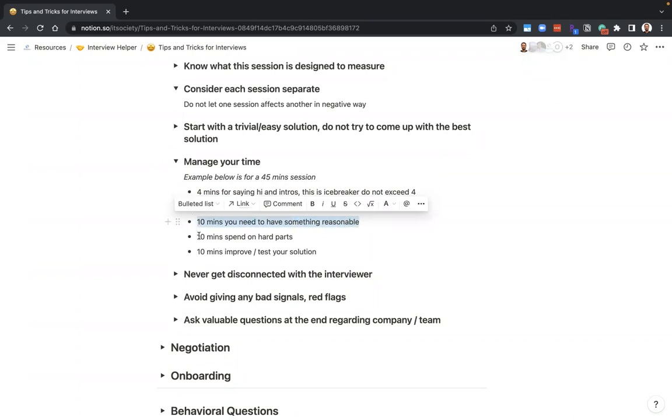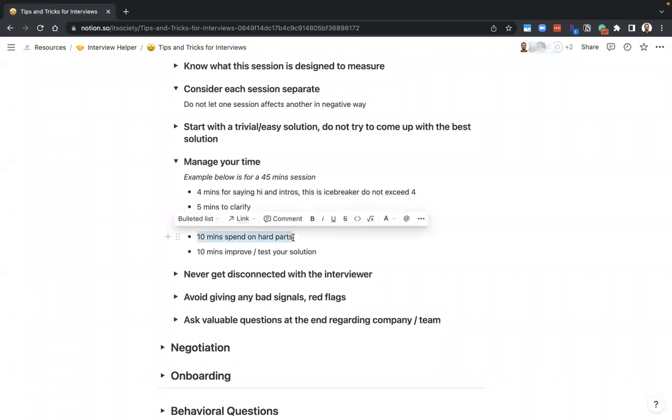And then 10 more minutes to focus on the hardest parts of the algorithm, and the problems which will affect most of the scenarios that you run to validate your code.